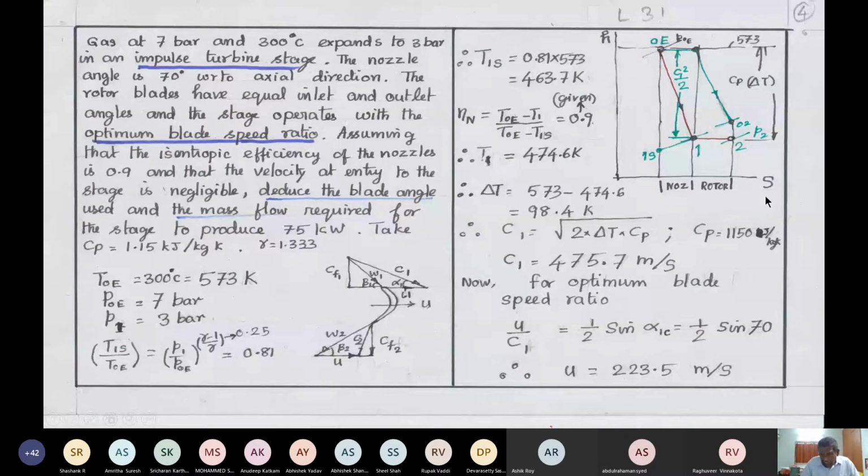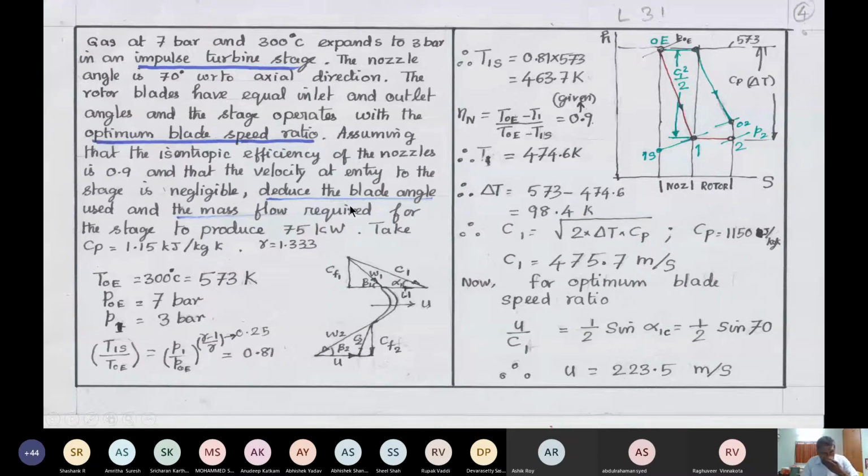Then we use the condition for optimum blade speed ratio. That is U by C1 is equal to 1 by 2 sine alpha 1 complement. See, alpha 1 complement is not the alpha 1 shown here, but 90 minus that, which is equal to 70 degrees. So I get U is equal to 223.5.